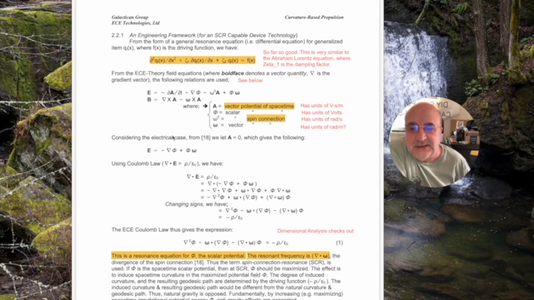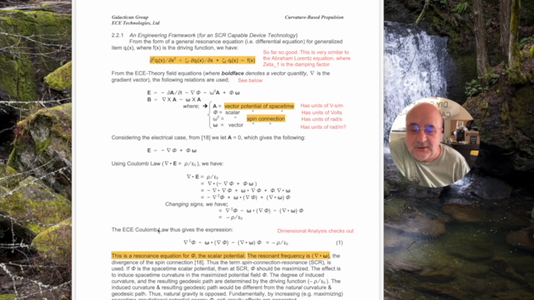So he also says, considering the electrical case, we let A equal 0, which just gives you the Coulomb law, plus this extra term here. So he replaces E with these two terms, and he gets this. Dimensional analysis checks out as long as you use these units.